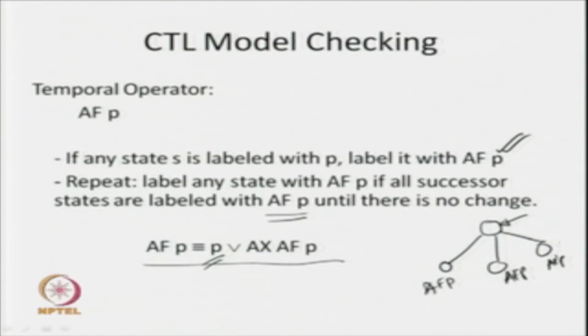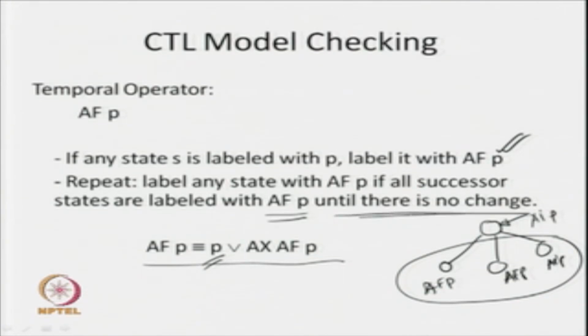So, if I am labeling those particular states with AFP, because P is true in all those particular states, then we can very well label them with your AFP. So, in this particular case, we can label this particular state with AFP. And like that we are going to collect each and every state. That is why we can repeat this particular procedure until there is no change in the set of states that we have collected.